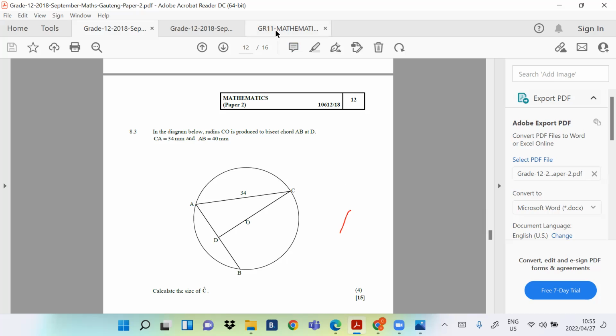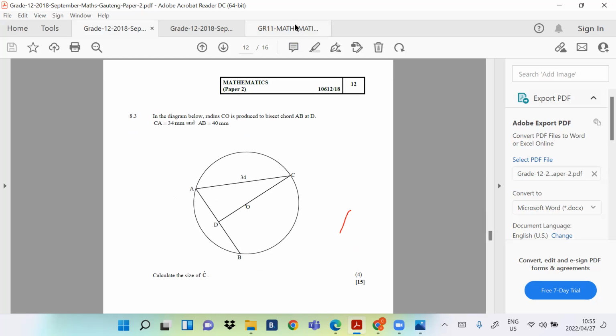Radius CO, so there's a radius, right? It is produced to bisect chord AB. Can you hear that? It's extended this side to bisect.